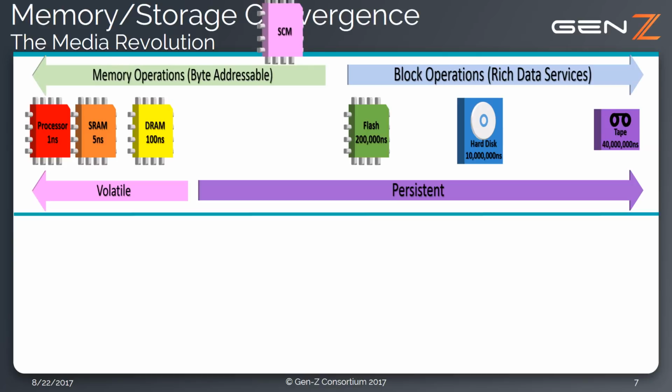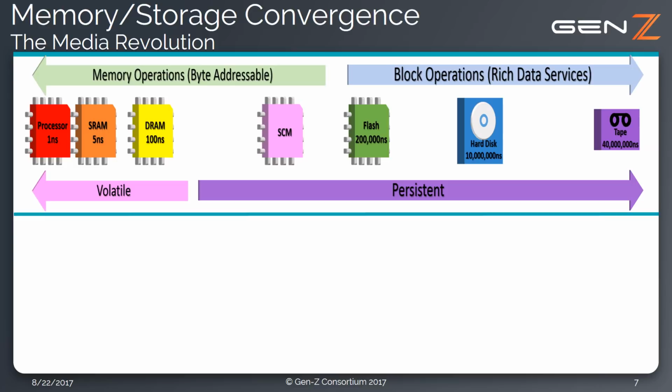Storage class memory is an emerging technology that looks to bridge the gap between these two classes of memory. SCM memory types include phase change, spin torque transfer, resistive memory, 3D crosspoint, etc. It has both persistent and byte addressable properties, and their latencies are somewhere between DRAM and flash memory latencies, but closer to flash initially.